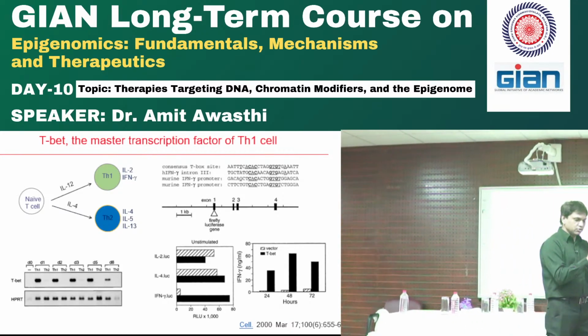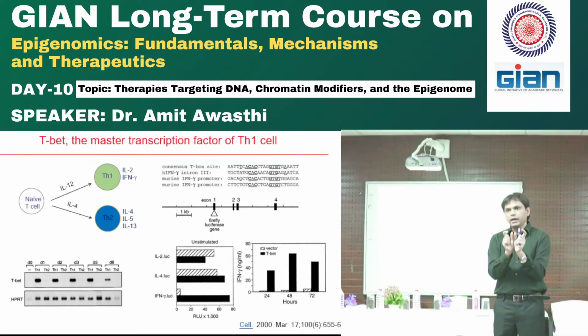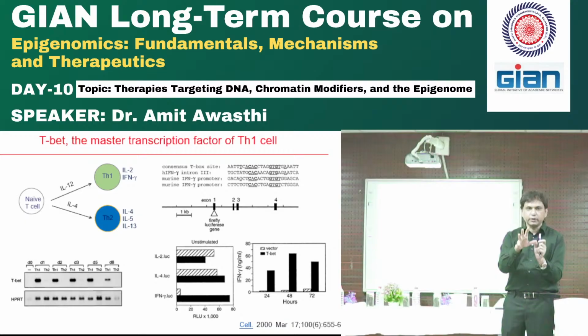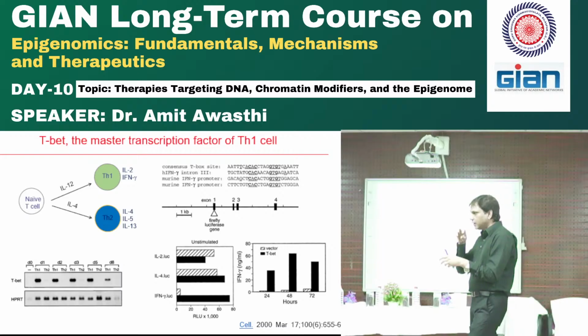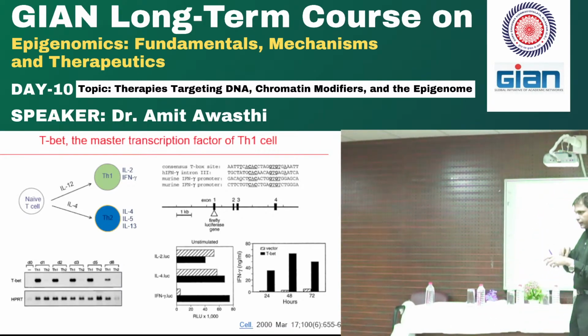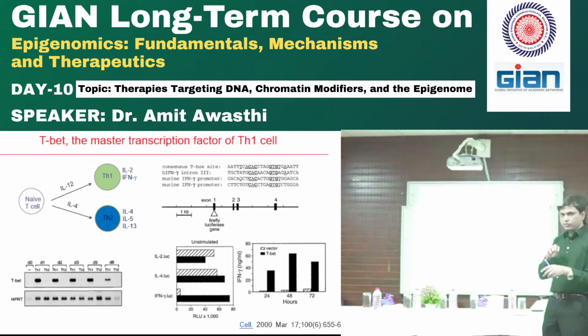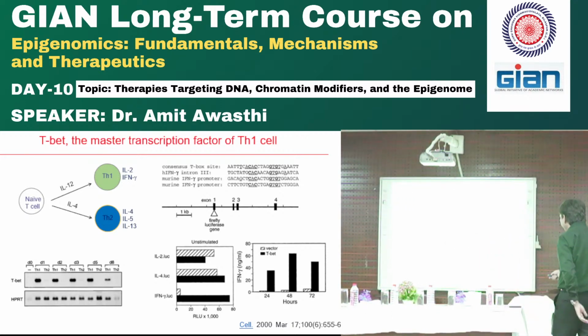Then you have this gene promoter fused with luciferase, and then you put Tbet into it. Since it is the IFN gamma promoter driving the luciferase gene, we are assuming that Tbet will have a binding site on the IFN gamma promoter. If it binds, you have luciferase. If it doesn't bind, you don't get luciferase activity. So that's what they have done here.